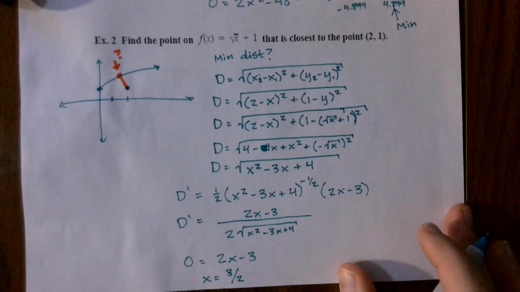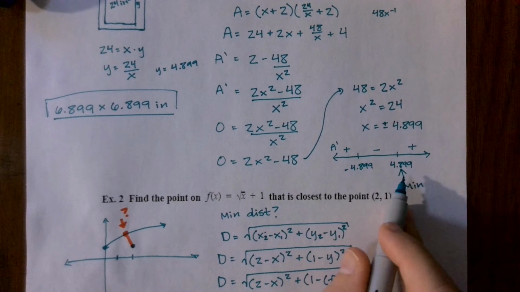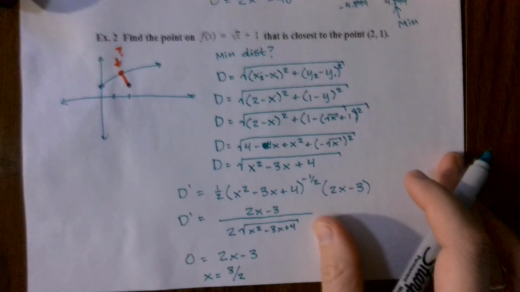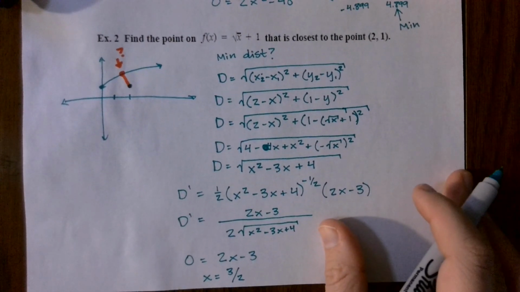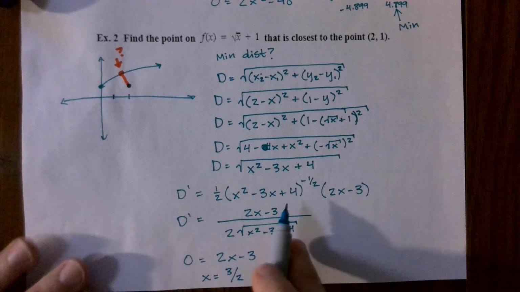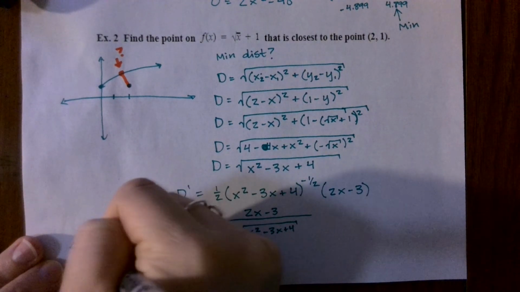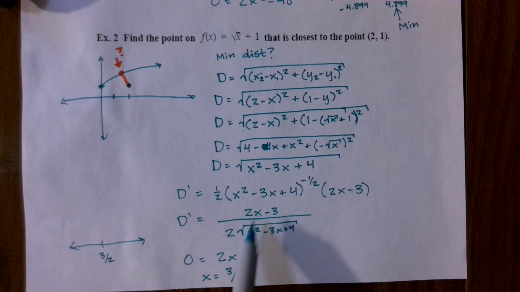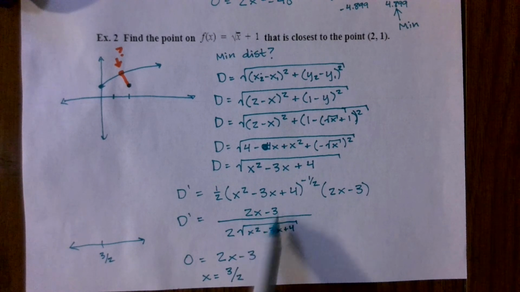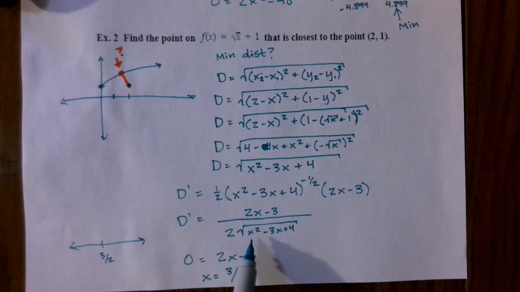So again, for this one, I'm only getting one value. That last one we had 2 values, but only one that really made sense as a dimension. For this one, we only have one value, but we just want to make sure that it makes sense. So if we go back to our d prime, if I'm plugging in 0, then I'll have a negative in the numerator, and positive in the denominator.